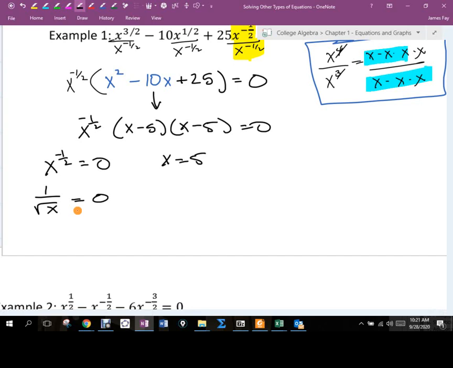But we would never really do that. We would never multiply both sides by an algebraic term, because you guys ever heard the phrase that we lose a root by doing that? We lose a root. By multiplying 0 by our variable term, we end up potentially missing solutions. Okay, so we don't want to do that.